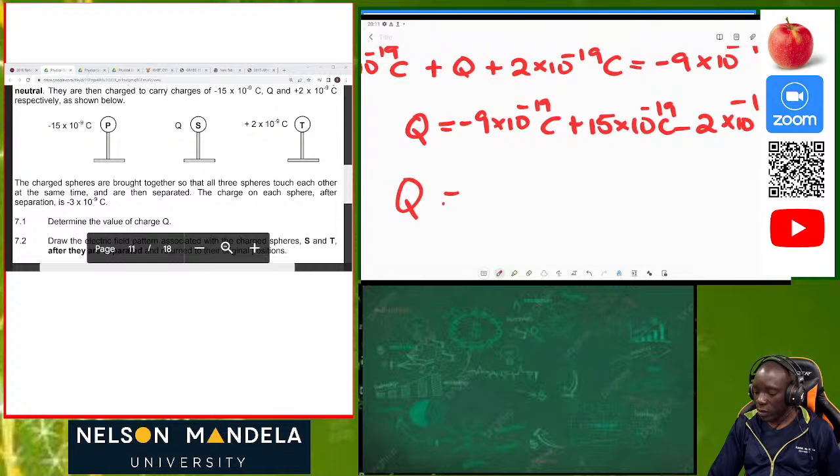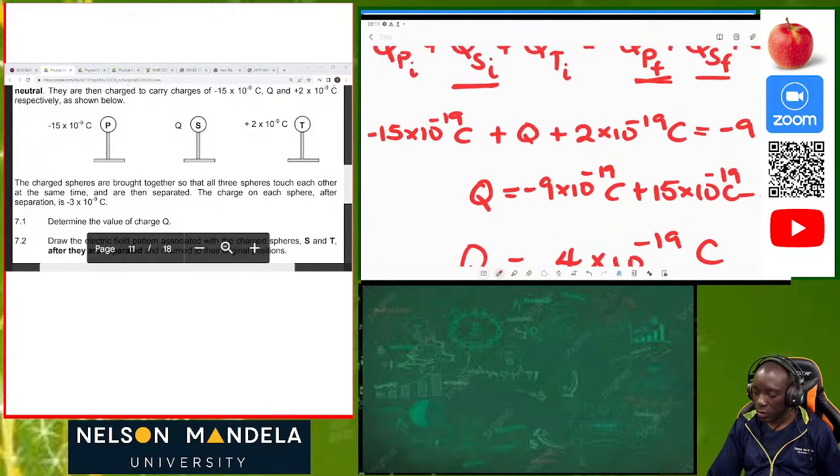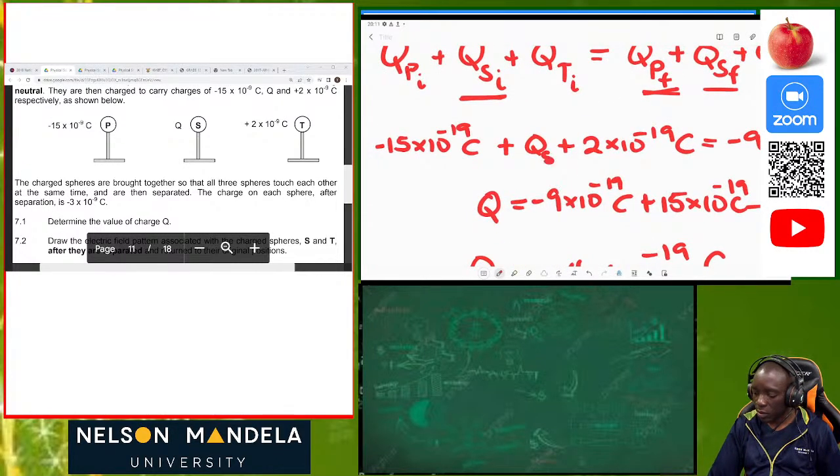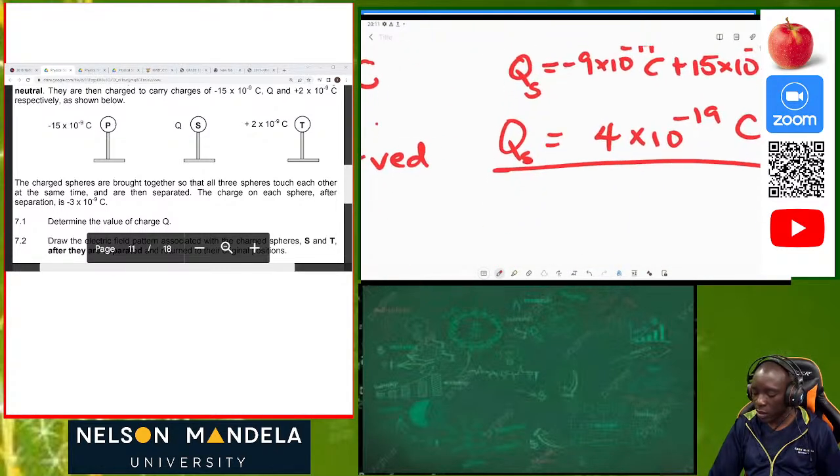So that will leave us with 15 minus 11, which is 4 times 10 to the -19 coulombs. This is the charge on T initially. On S, actually on S, which is basically the Q. Therefore, Q equals 4 times 10 to the -19 coulombs.